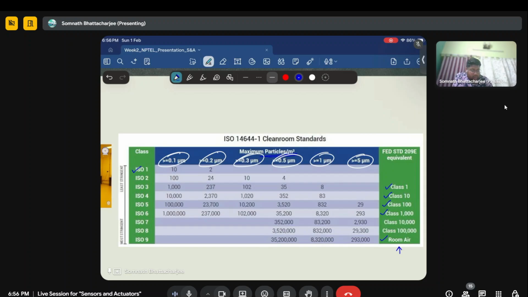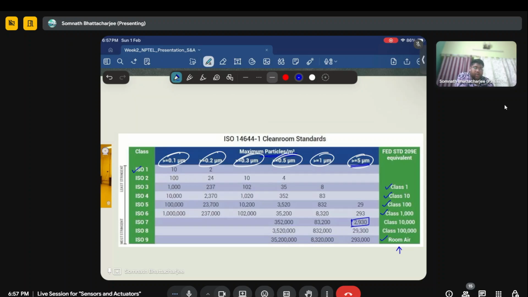The main thing about class 10,000 is that you can have a maximum of 2930 particles of 5 micron size. If it's over that, it falls under class 100,000.